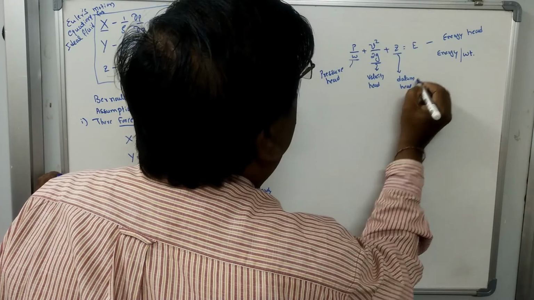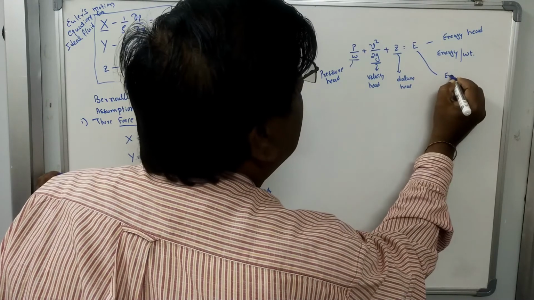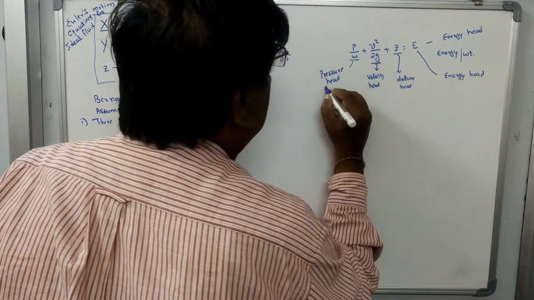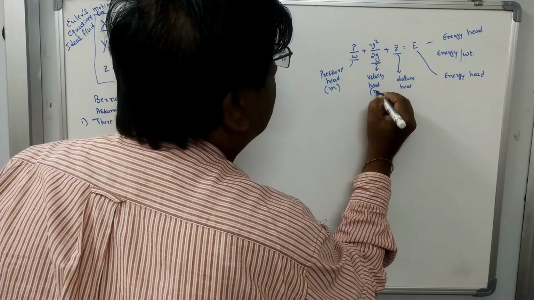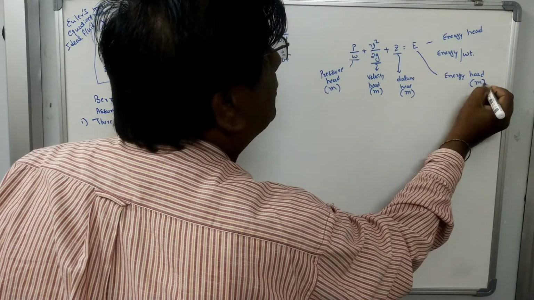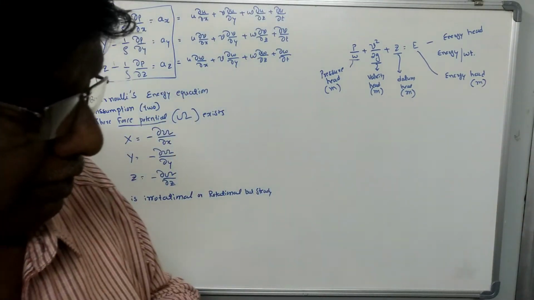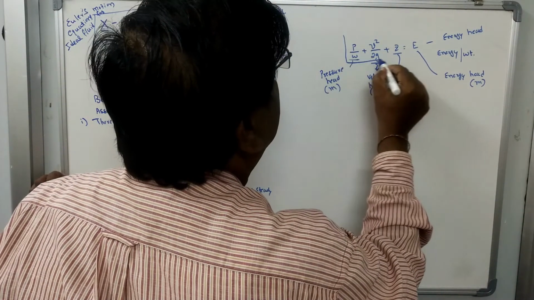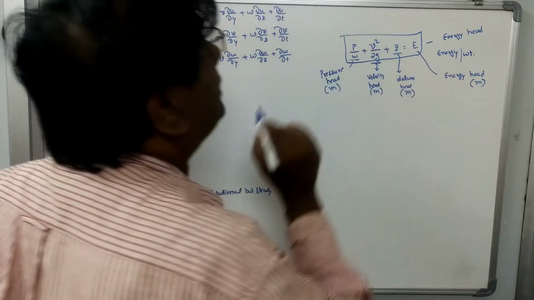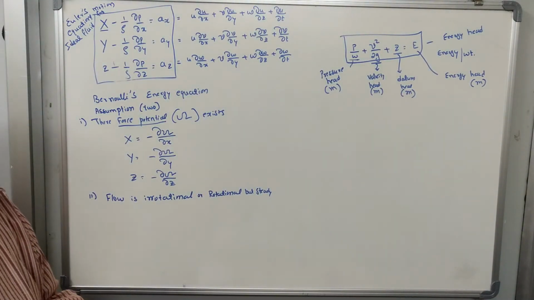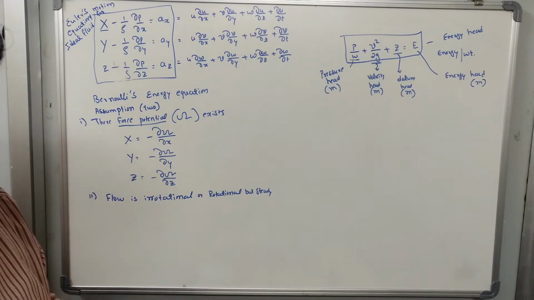And E is the energy head. All of these are in terms of meter. So this is called Bernoulli's energy equation: E = P/W + V²/2g + Z.